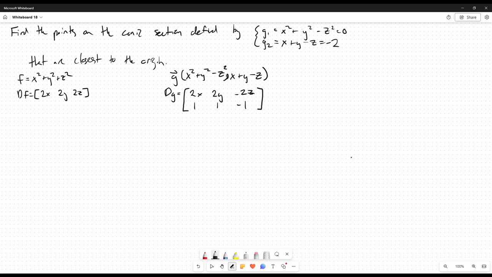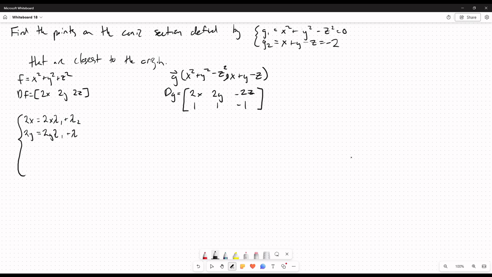So we would set up our system of equations. Since we have two constraints, we're going to have two lambdas. So we'll have 2x equals 2x lambda 1 plus lambda 2. So remember, it's first one times lambda 1 plus second one times lambda 2. Then we'll have 2y equals 2y times lambda 1 plus lambda 2.